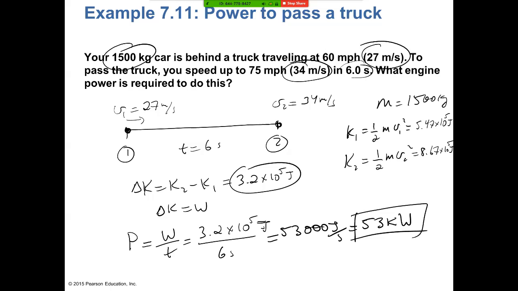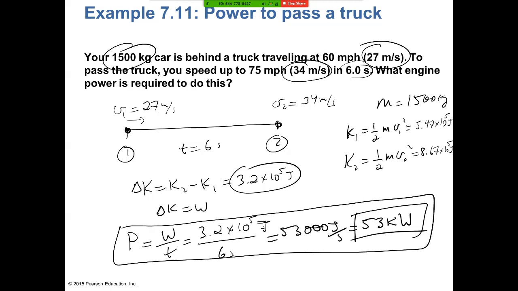That is the amount of work done per unit time, which is the power of the engine. That means 53,000 joules each second is generated by your engine to allow you to speed up from 27 meters per second to 34 meters per second.